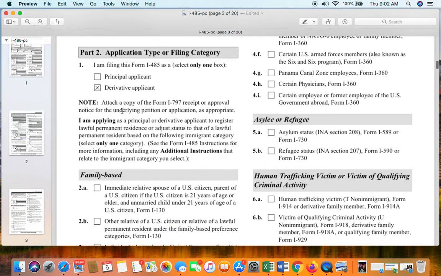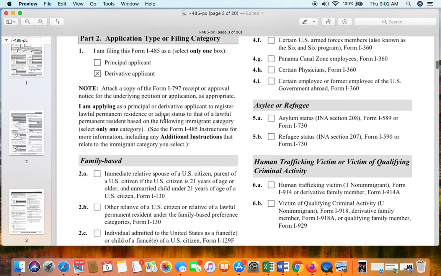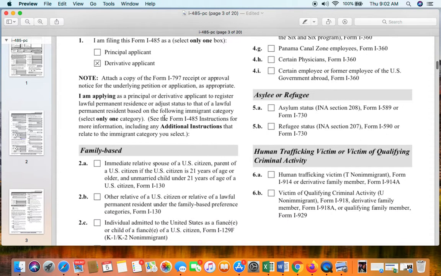Attach a copy of Form I-797 receipt or approval notice. The approval that they sent to you, the green one, the 797 notice. Make a copy and attach it to this form before sending it to USCIS.